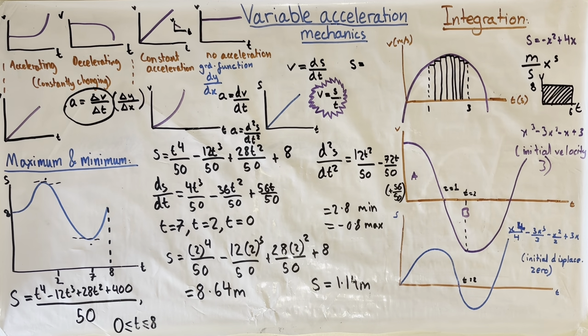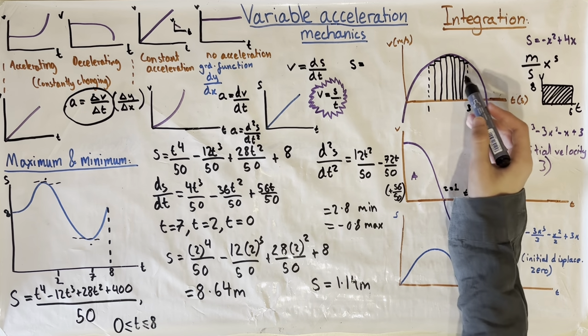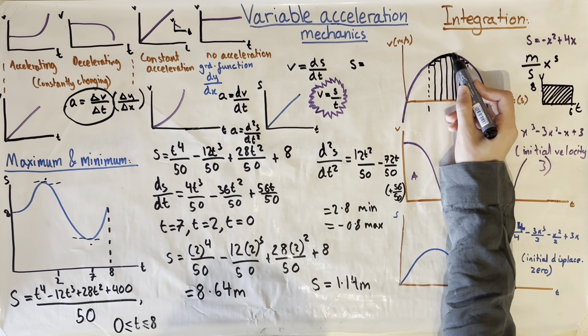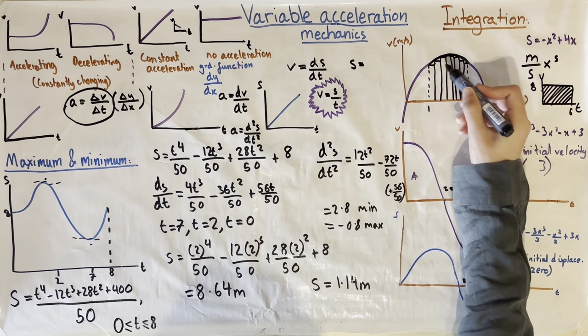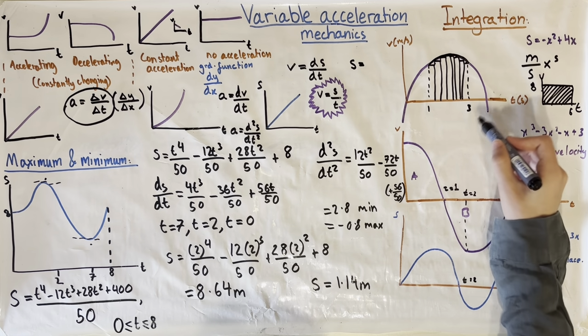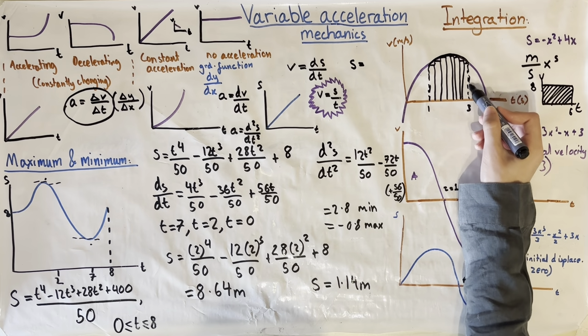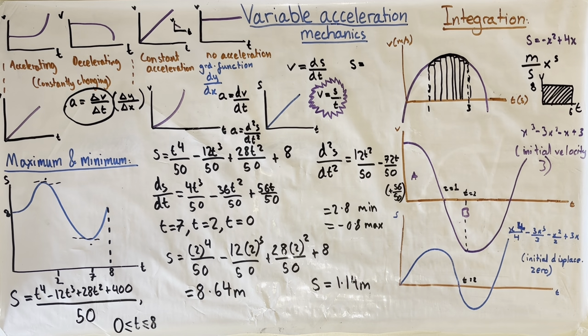So essentially, when we're integrating, we're doing the same, but it's simply a more accurate way of finding the total area from 1 to 3 in this time. Okay?